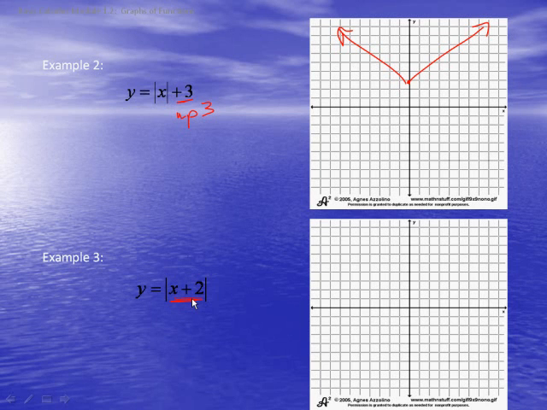And remember, we talked about how it had a minus sign, so it's going to do the opposite of what we think. It's going to be a horizontal shift. But it's going to shift left 2. Okay, so we're going to shift this left 2, and that's going to be our vertex right there, and it then has the V shape.